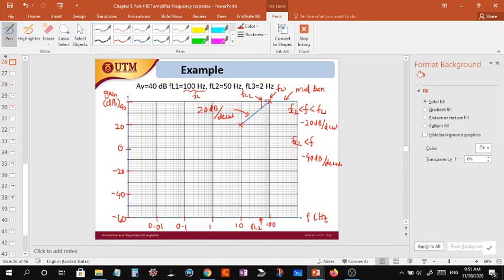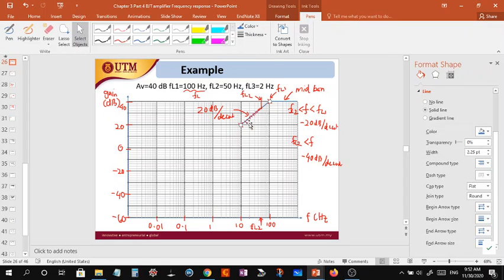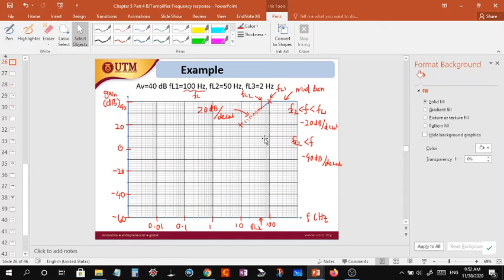Okay, so below this, it is double, so you need to ignore this part. Okay, you need to ignore this part. So what happened is this blue line will be only until this FL2.